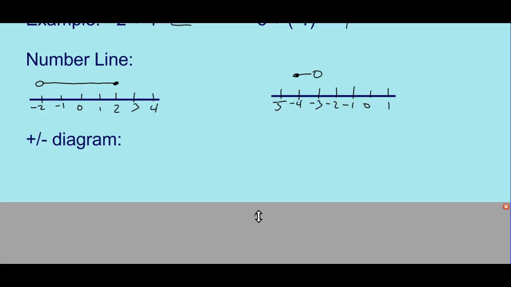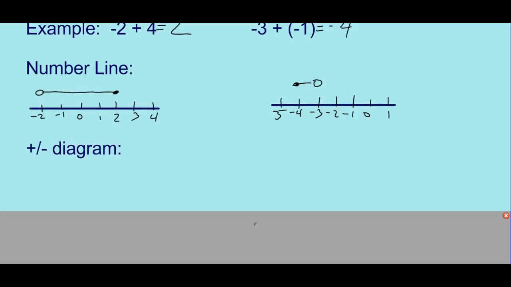So if we want to do these two problems over again, the first problem was negative 2 plus 4. To make a plus-minus diagram of that is very simple. We have 2 negatives and 4 positives. Well, you have a negative and a positive each making a 0 pair, leaving 2 left over.